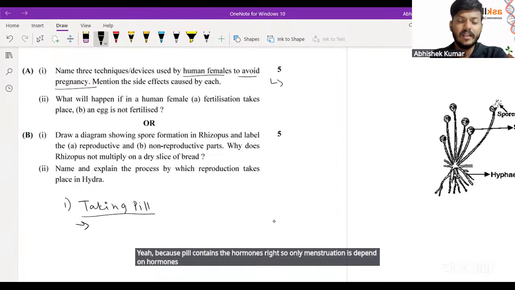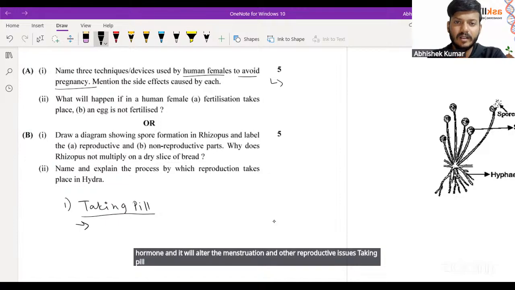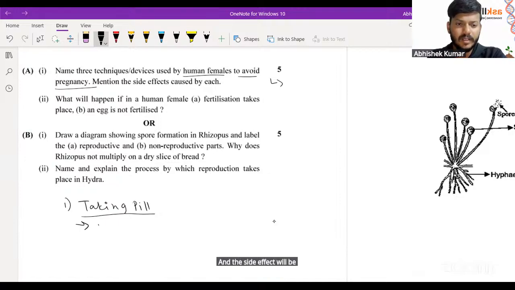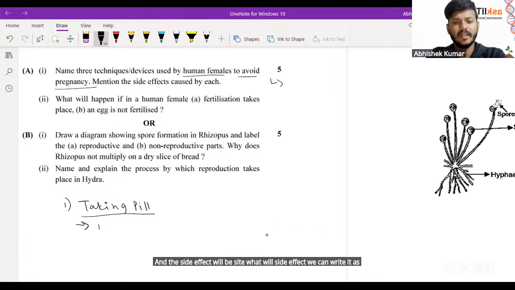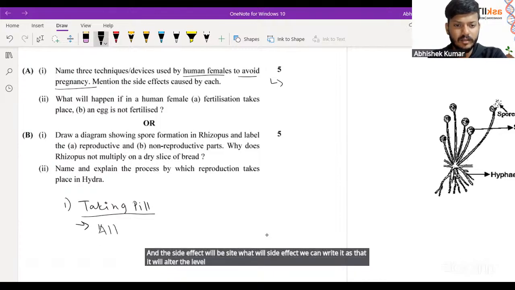So if we are taking pills, it will fluctuate the level of hormones and it will alter the menstruation and cause other reproductive issues. So taking pills is one method, and the side effect we can write is that it will alter the level of hormones.